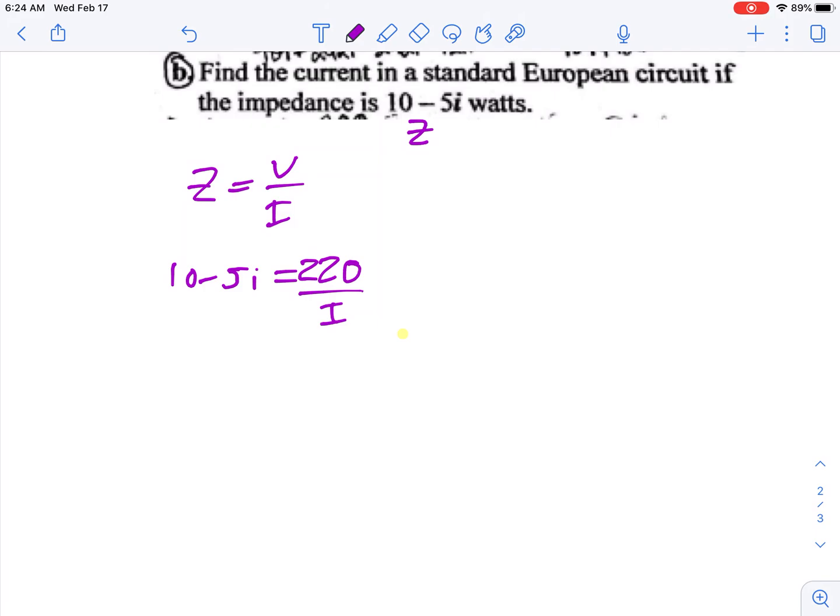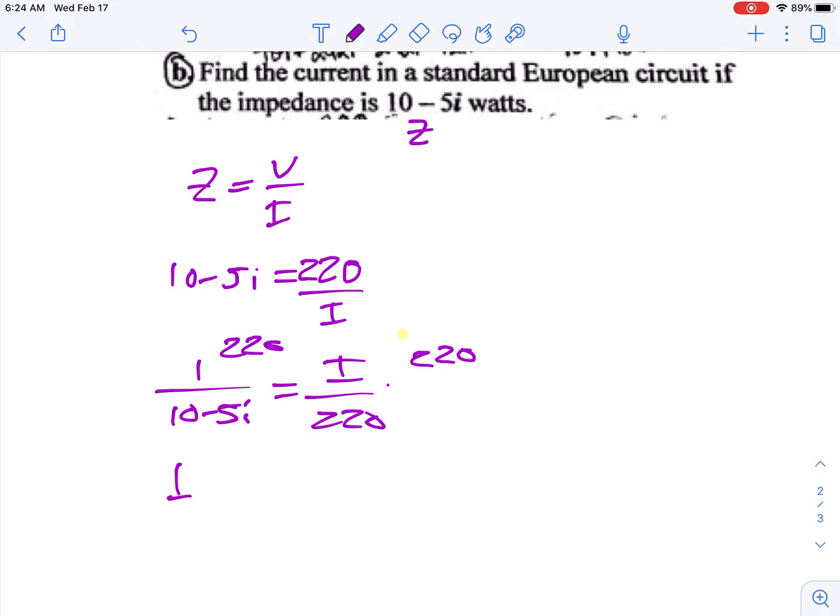So I'm going to say 1 over 10 minus 5i equals I over 220. Then, to solve for I, we multiply both sides by 220. So in other words, I equals 220 over 10 minus 5i.